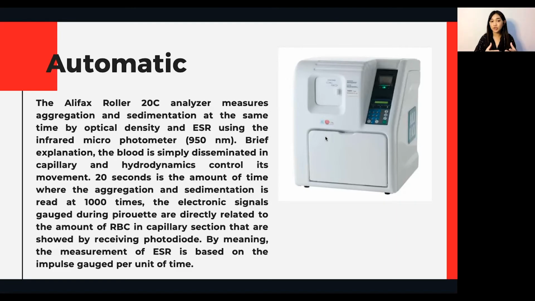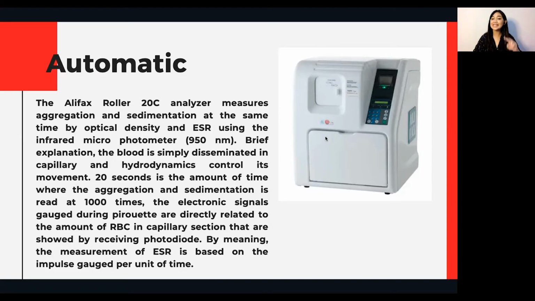The Ves-Matic Cube 200 Analyzer, for instance, measures aggregation and sedimentation at the same time by optical density and ESR using an infrared microphotometer at around 950 nanometers. Brief explanation: the blood is simply disseminated in a capillary and hydrodynamics control its movement.